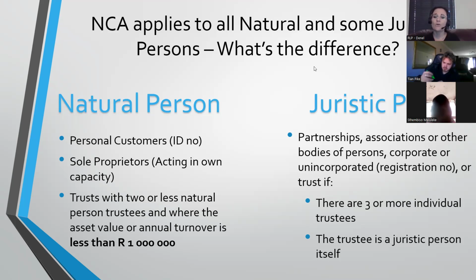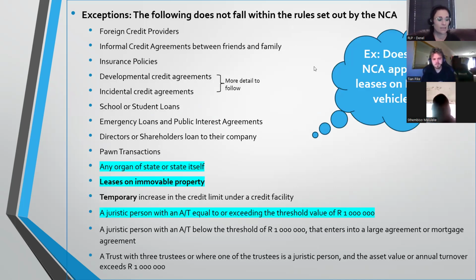For a trust to be considered a juristic person, it is 3 or more individual trustees, not 2 or less. And the trustee is a juristic person itself. That's your criteria. There's no quick and easy way to remember this. This is just the criteria you have to study. That's just to distinguish between when a trust will be considered a natural person versus when it will be a juristic person. Okay. So now we move on to the list of exceptions.